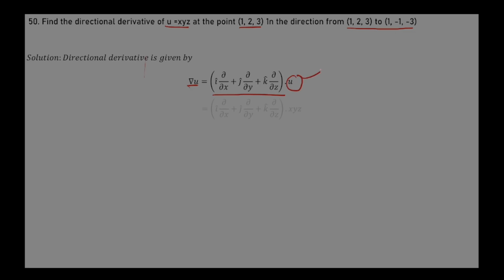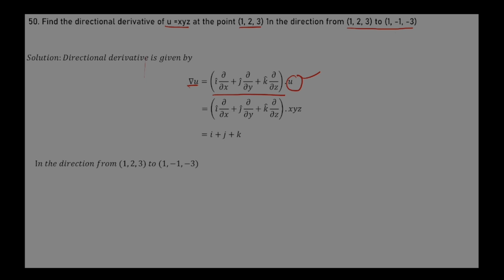Find the directional derivative of u. We have a scalar u at point 1, 2, 3 in the direction 1, 2, 3 to 1, minus 1, minus 3. The directional derivative is given by del u. So del is this, u is our scalar. Putting in values, we will get this.